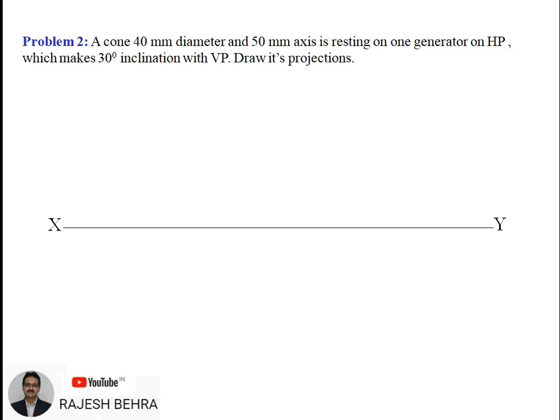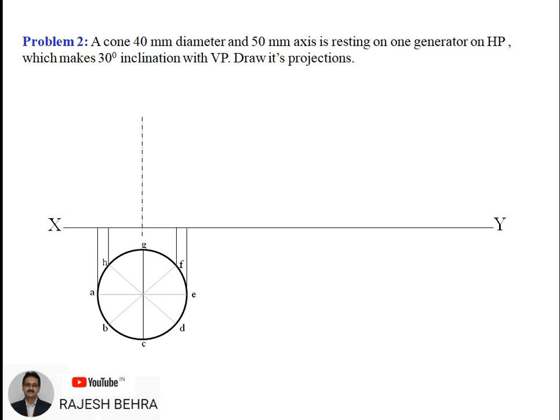In that case, the top view will be a true shape of the base, which is 40 diameter. We will divide it into 8 equal parts and name all the points here. We'll take all these projections in the upward direction, and the axis height will restrict it to 50, as given to us.